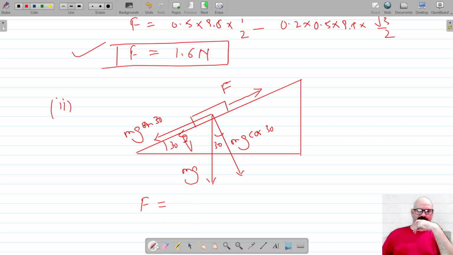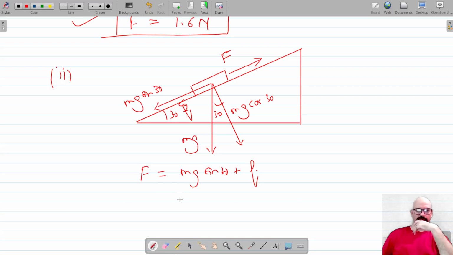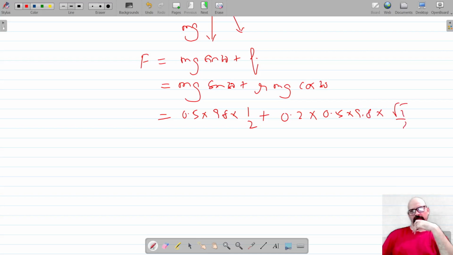This force should be equal to mg sin theta plus the force of friction, because now the force of friction is in the downward direction as the block is moving upward. So this is mg sin 30, and the force of friction is mu into R, and R is mg cos 30 degrees. Let's put in the values: mass is 0.5, g is 9.8, sin 30 is half, mu is 0.2, mass is 0.5, g is 9.8, cos 30 is root 3 by 2.